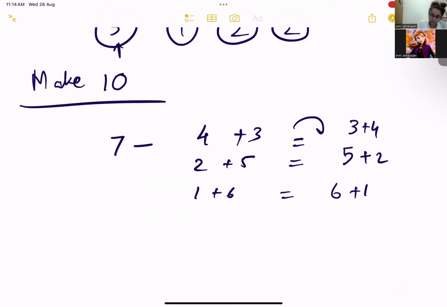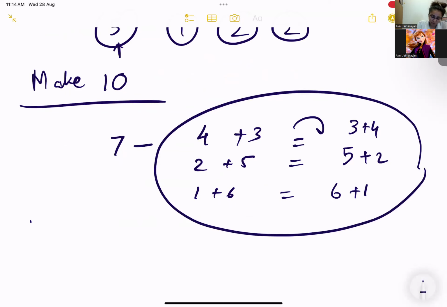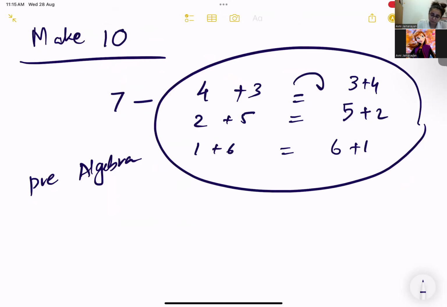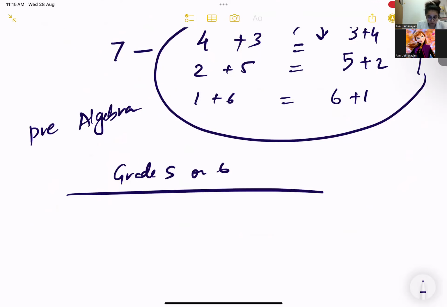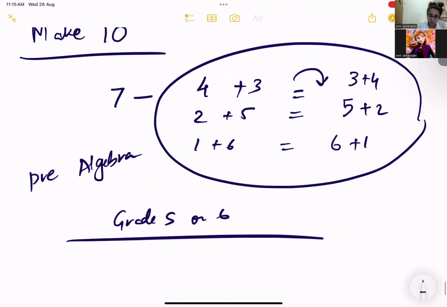So at the same time, these are pre-algebra skills which, if introduced right from the beginning, right from the basic years, it's not going to be intimidating when algebra concepts are actually introduced to children in grade 5 or 6. Okay, so we are working on equation formation also.